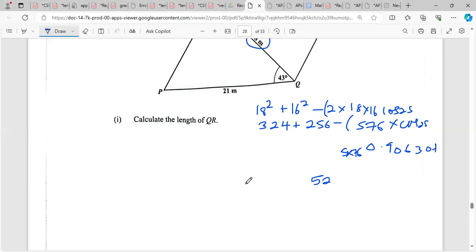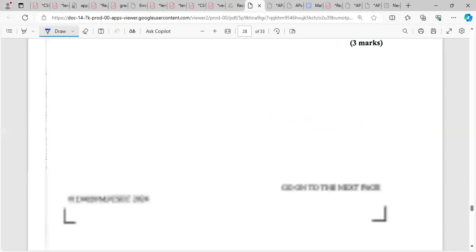Add these now: 324 plus 256 is 580. So 580 minus this gives me 58. Taking the square root, it's 7.6. So that is the length. I got 3 marks for that.